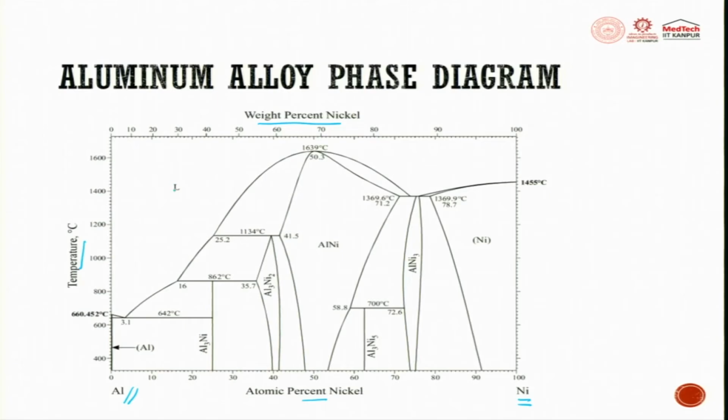Here you can see it is liquid phase, and as and when I start moving down, you can see what different compounds are getting formed. Al3Ni is getting formed, Al3Ni2 is getting formed, AlNi is getting formed. You can see all these things, each one has its influence on the output.